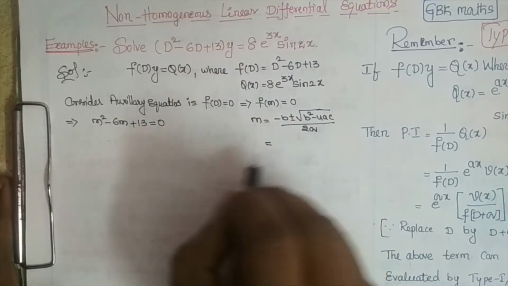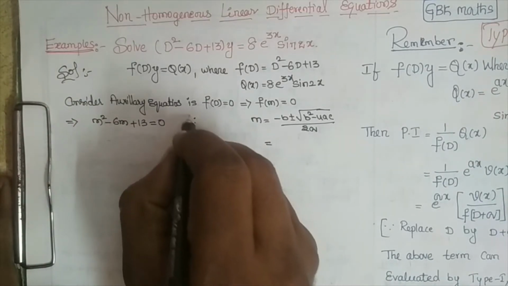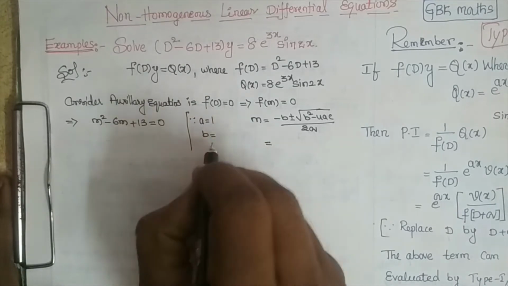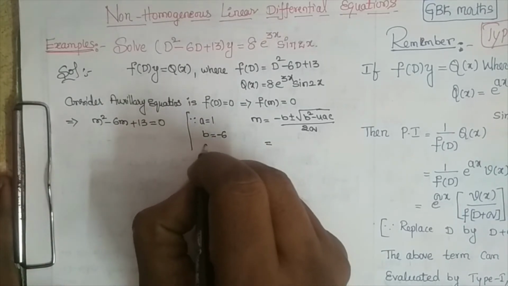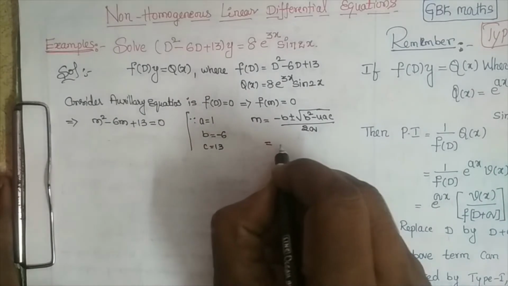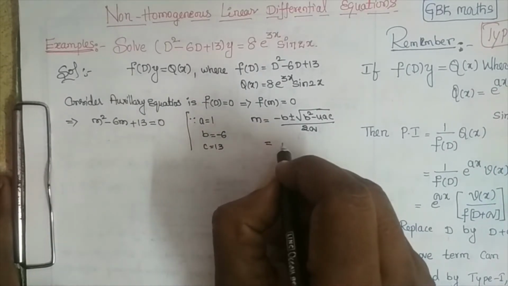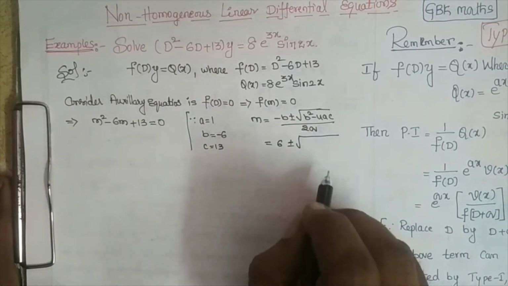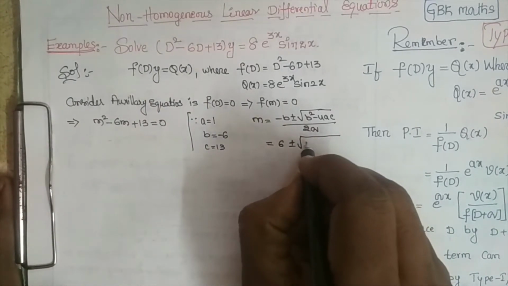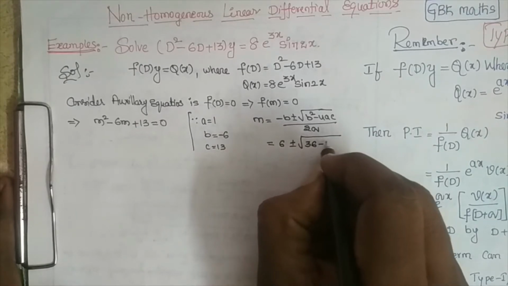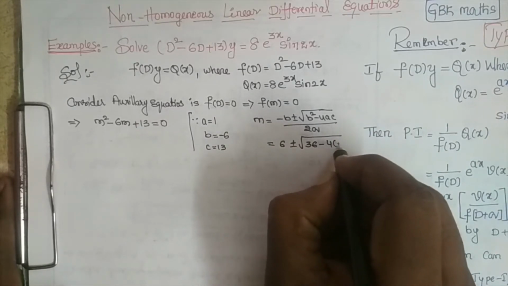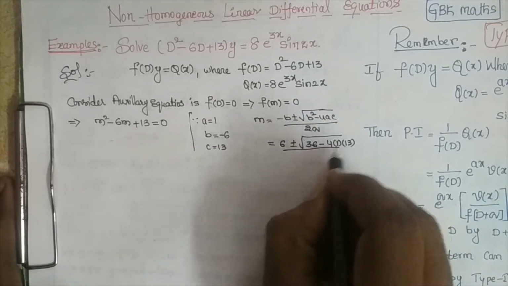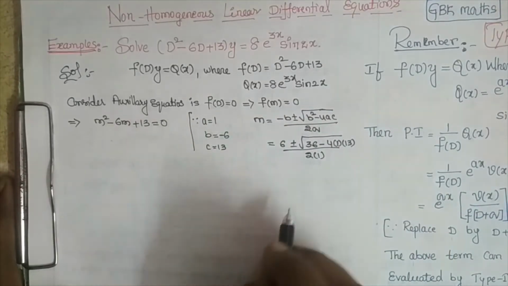Here a is equal to 1, b is equal to minus 6 and c is equal to 13. Let us substitute: minus of minus 6, plus or minus root of b square, minus 6 whole square means 36, minus 4 into 1 into 13, which is 52, by 2 into a, which is 1.